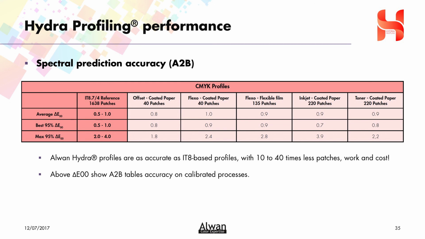We are as good, as accurate in terms of device to PCS, which is in terms of color prediction, as an IT8, with all the advantages we have talked about: no print runs, no overhead, no cost, just by measuring in production. These numbers are in the Hydra profile brochure that you have available in our partner sections, of course.